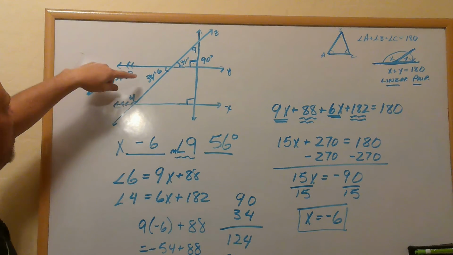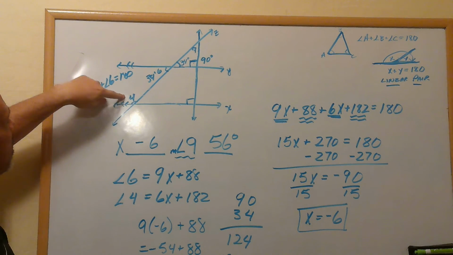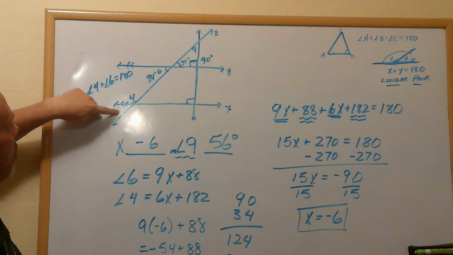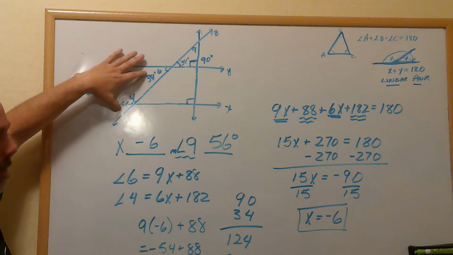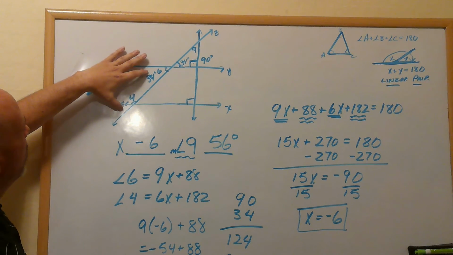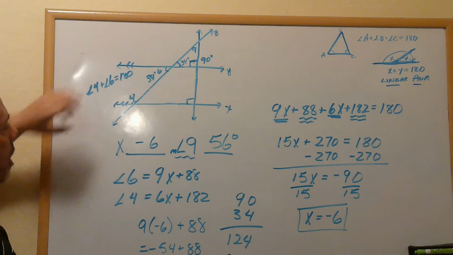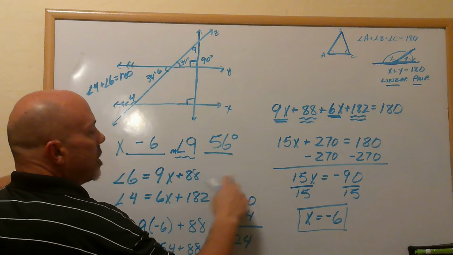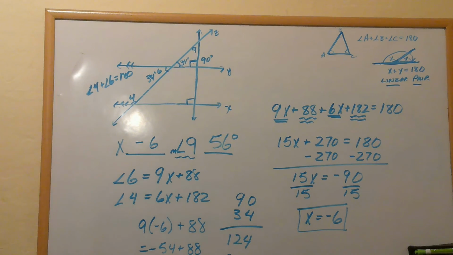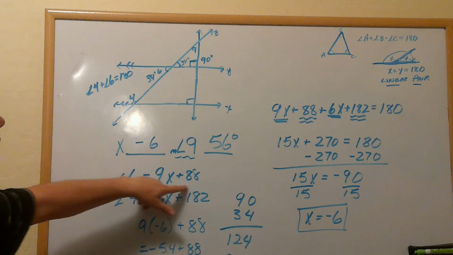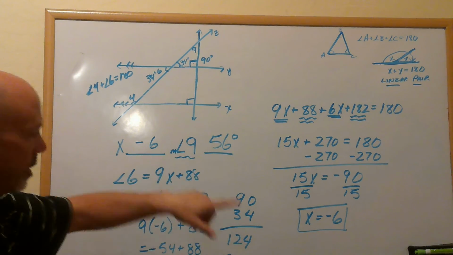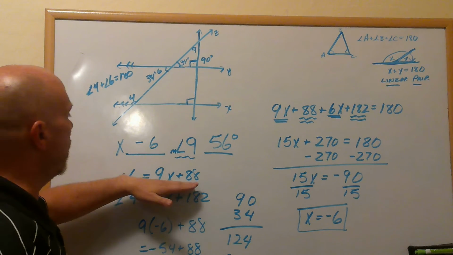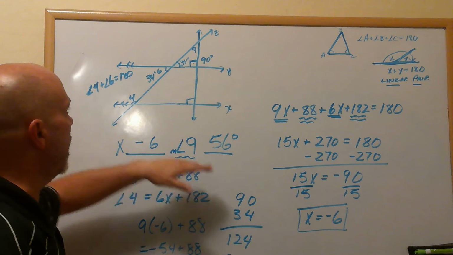Or if, for example, instead of angle 4, the expression was for this angle on the other side of the parallel line, which means 6, and this angle, those two would be congruent. So I would have set these two equations equal to each other before solving for x. But of course, once I solve for x, then I'm going to substitute that back into the angle that I need. So once I solve for that variable, I plug it back into the expressions. Now I get the angle measure.